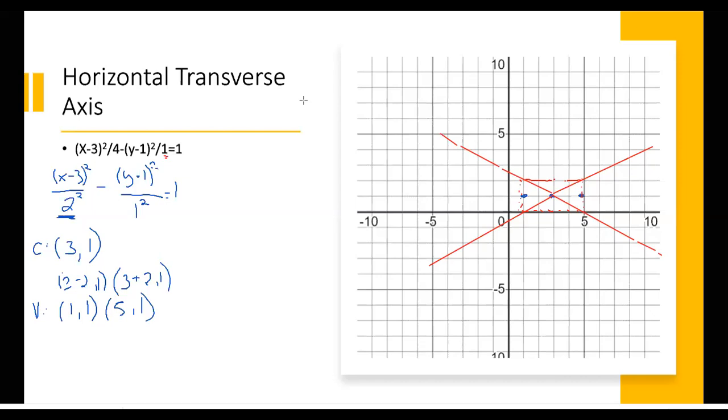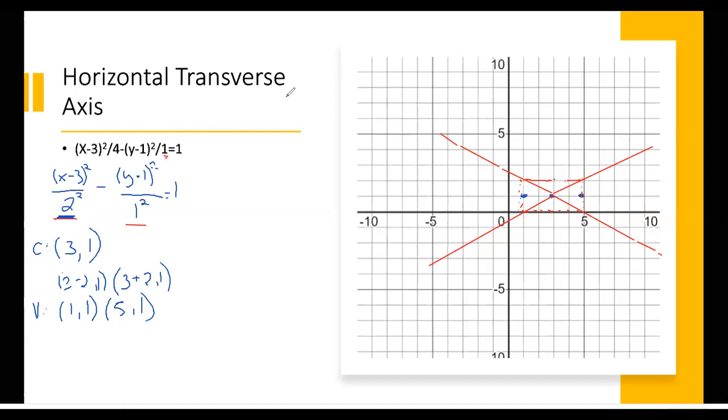We should probably write the equations of those asymptotes. On this one, our rise was 1, that's from the denominator under our y value, and our run was 2, from the denominator under our x.